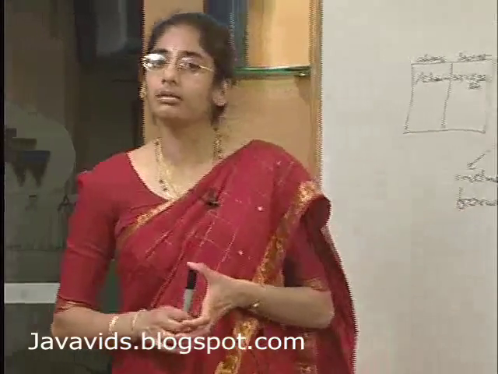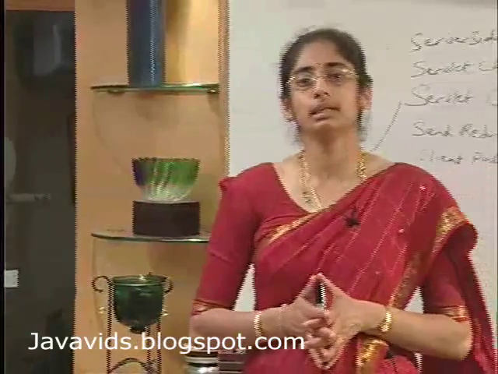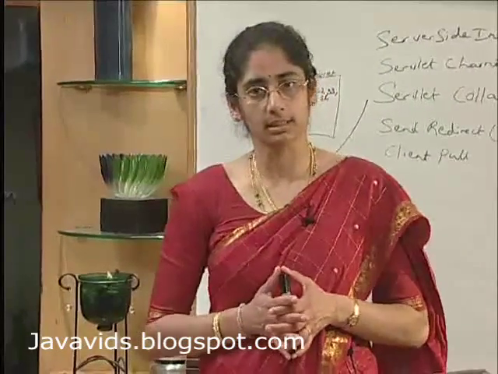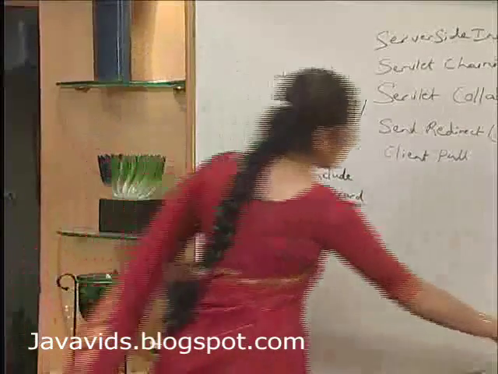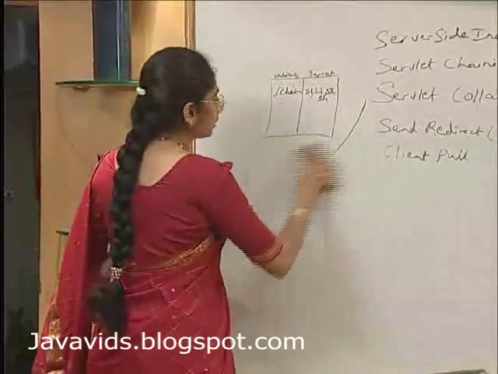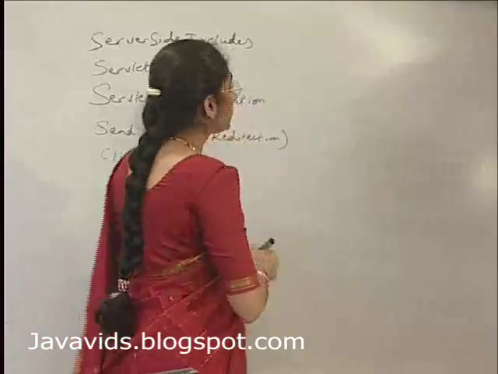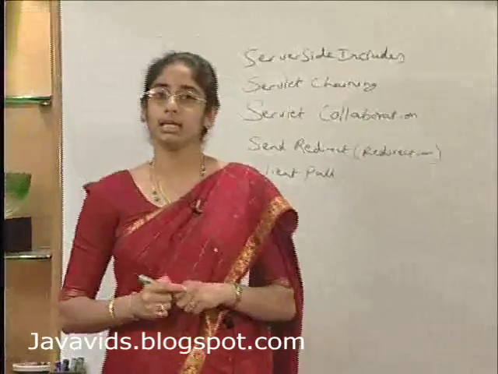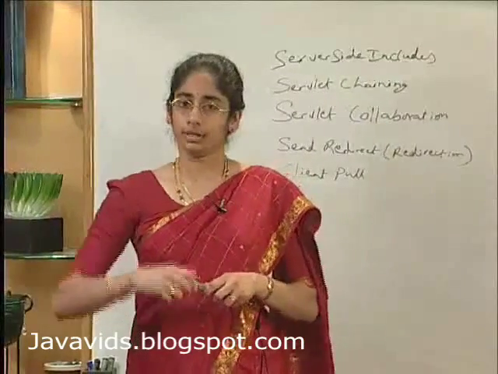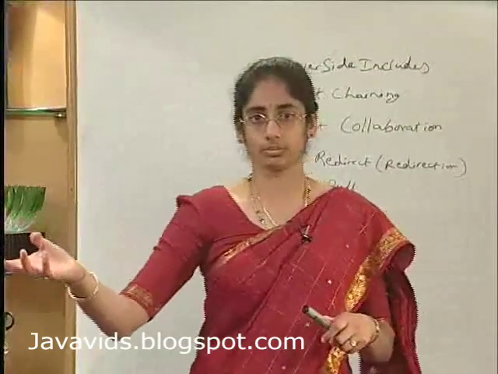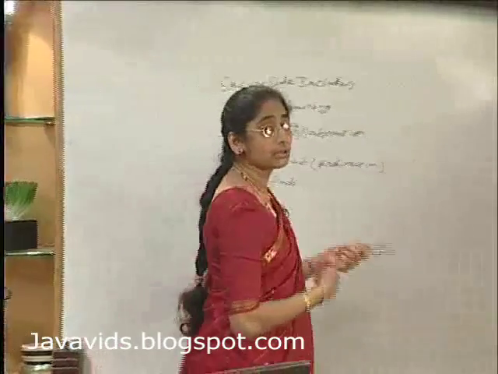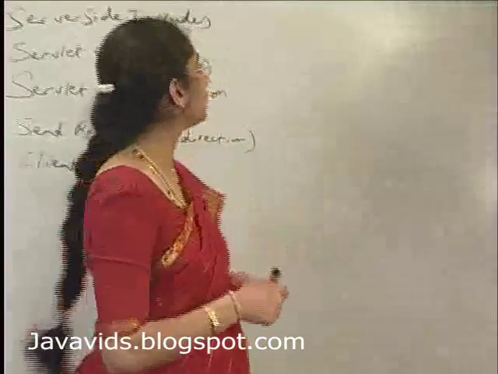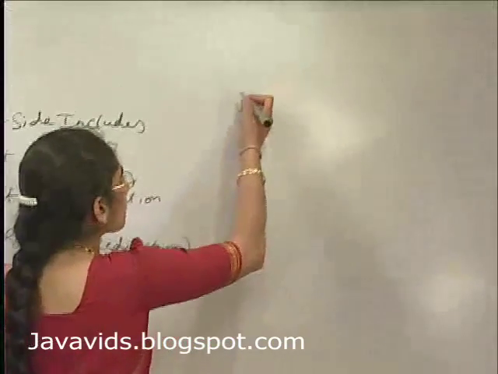When you invoke the include and the forward, there are two parameters that you need to pass to these methods, that is the request and the response objects. So this is how it goes with Servlet Collaboration. Let's assume we have S1 and S2 as servlets. S1 wants to include S2 or forward to S2. And let's look at how to do this and what is the difference between these two methods.